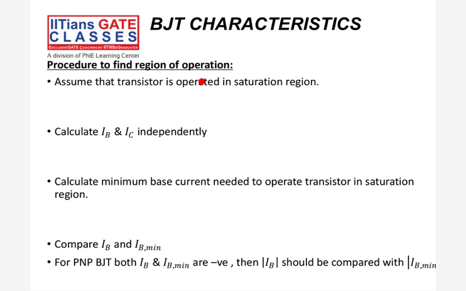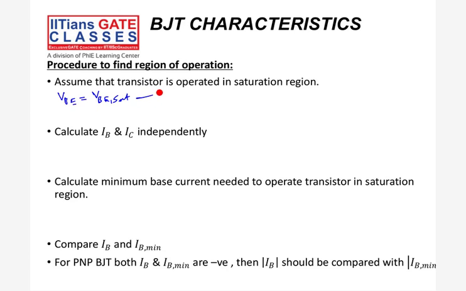Here, assume that the transistor is operated in the saturation region. First of all, that is our assumption. If we assume our transistor is working in saturation, we take the saturated value for VBE, VBE saturation.